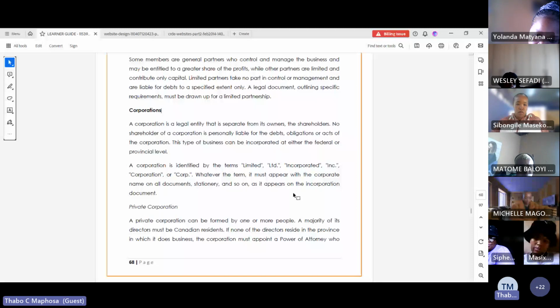And the shareholders are not liable for anything. They will never be liable for anything because they are protected, in this case, by the article of corporation. And that article of corporation separates their personal life from their business life.